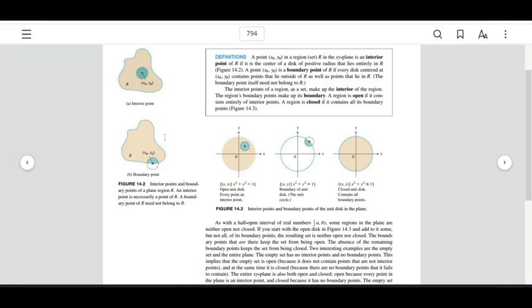And why we care about those definitions is because it leads to whether or not our region or domain is closed or open. A region is open if it consists entirely of its interior points. So if you can basically draw these open disks around every single point and still be within the region, it's considered open. And then it's closed if it contains its boundary points.